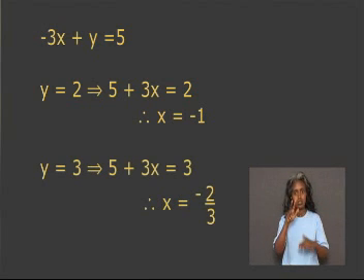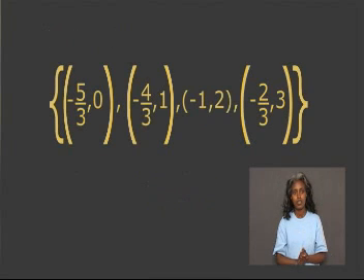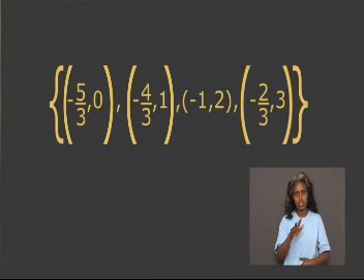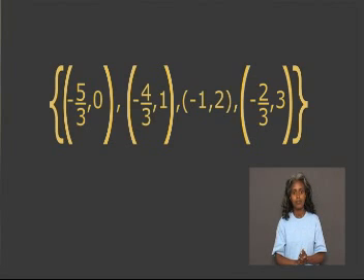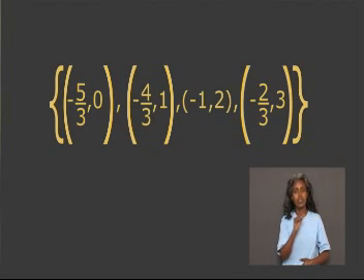Where y equals 3, x is negative 2/3. The ordered pairs for negative 3x plus y equals 5 are (-5/3, 0), (-4/3, 1), (-1, 2), and (-2/3, 3).